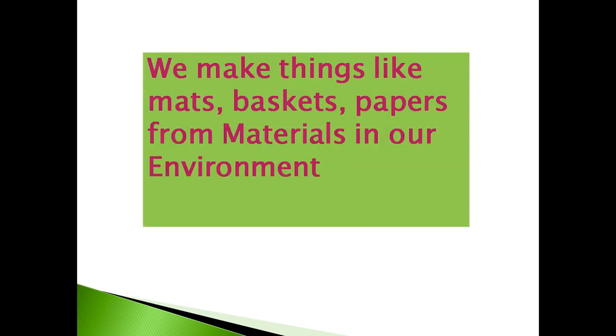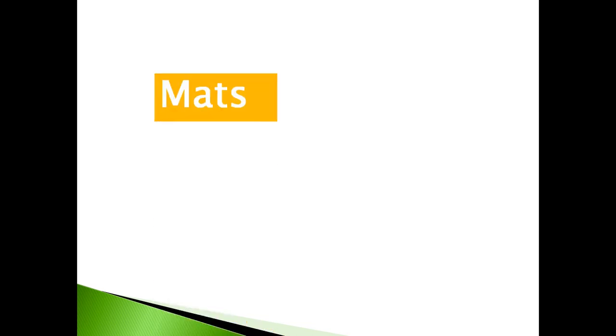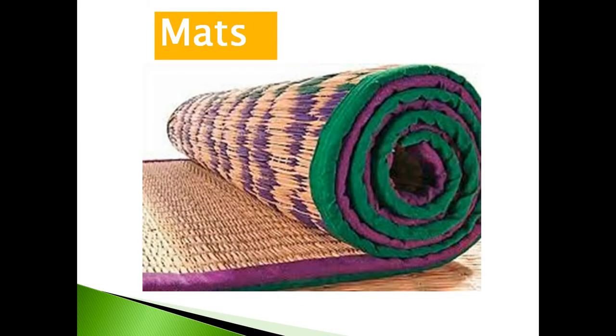We make things like mats, baskets, papers from materials in our environment. So the things which we make, like baskets, mats and papers, all these things we get from our environment. Students, this is a picture of a mat.